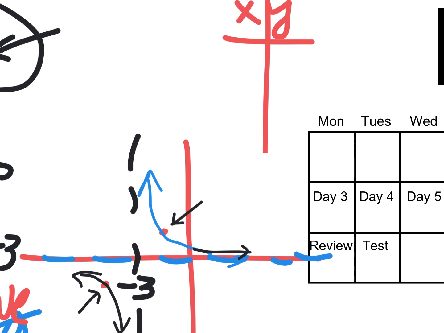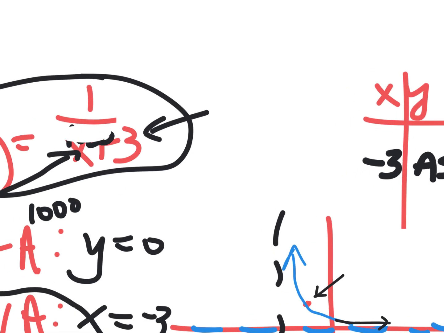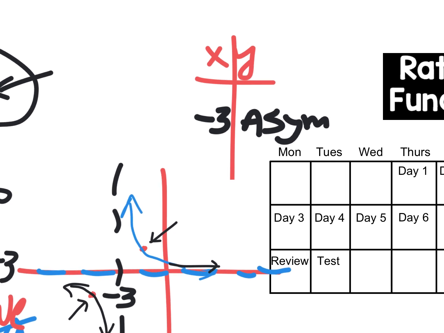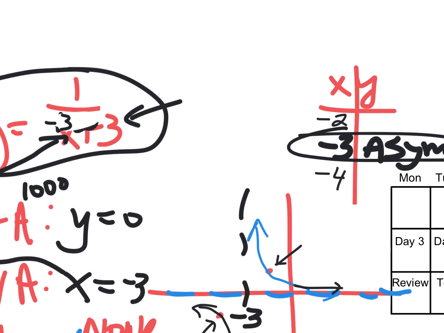From your XY chart. So you go and say, if I know that putting in -3 makes the asymptote, and I put a -3 right there, it'll be 1 over 0, which doesn't exist. Hence, that's the asymptote. Then you put a number right in front of it and right after it, and you see what you get.